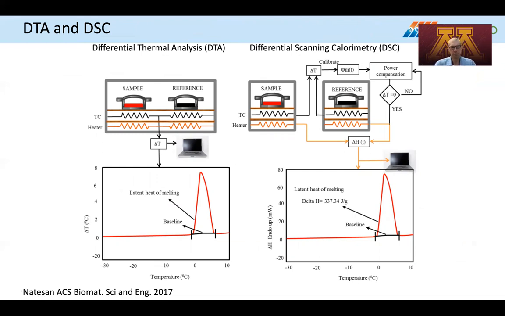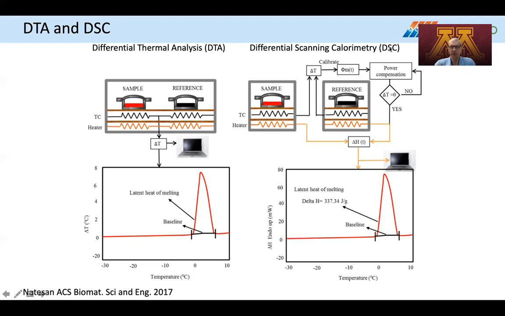You're able to see this reference pan is doing nothing, but there's a large endotherm because of the melt. If you were going down, it would be an exotherm. And so that difference tells you that there's a phase change.